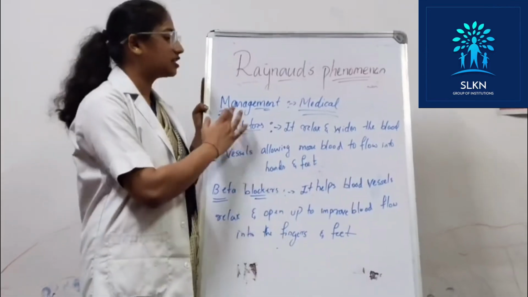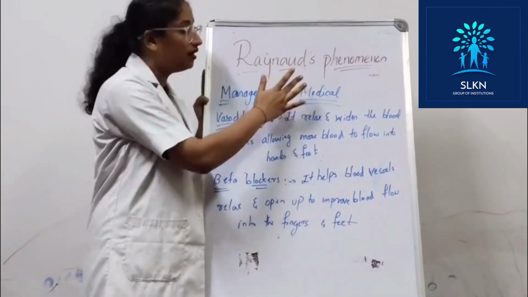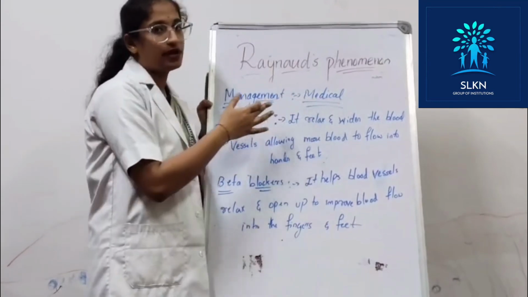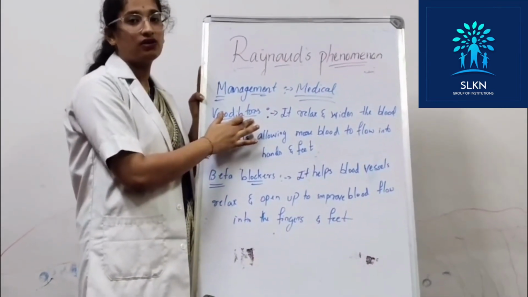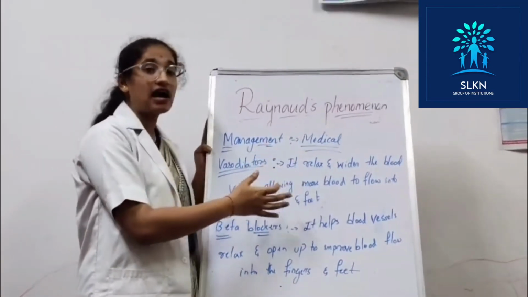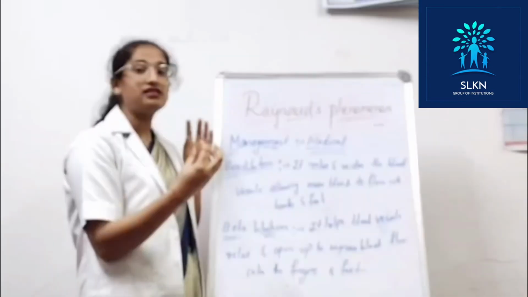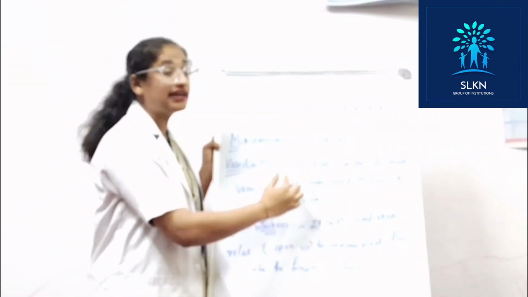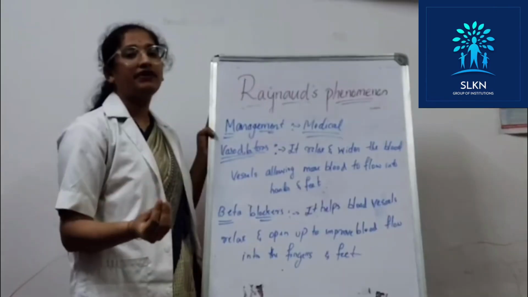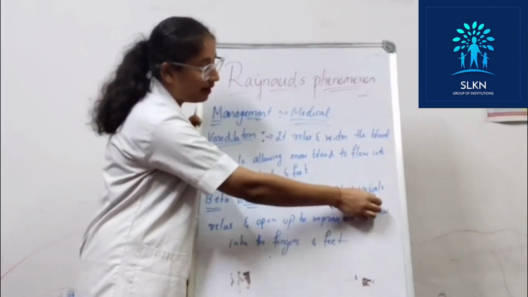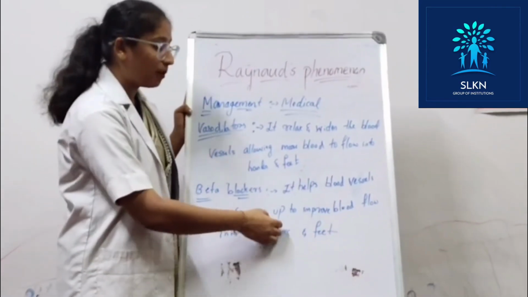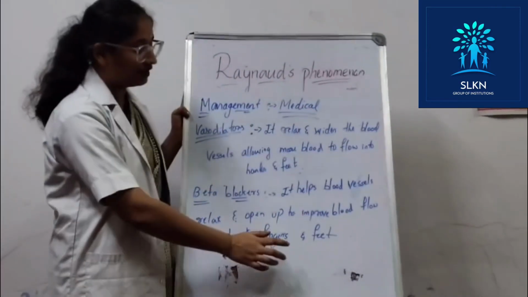Now we will discuss the management of Raynaud's phenomenon. First, medical management. Vasodilators are administered to the patients. They relax and widen the blood vessels, which increases the blood flow to the fingers and feet.